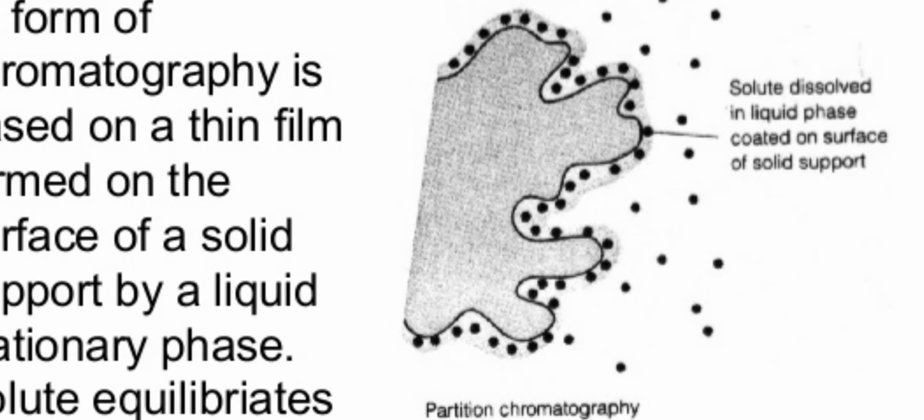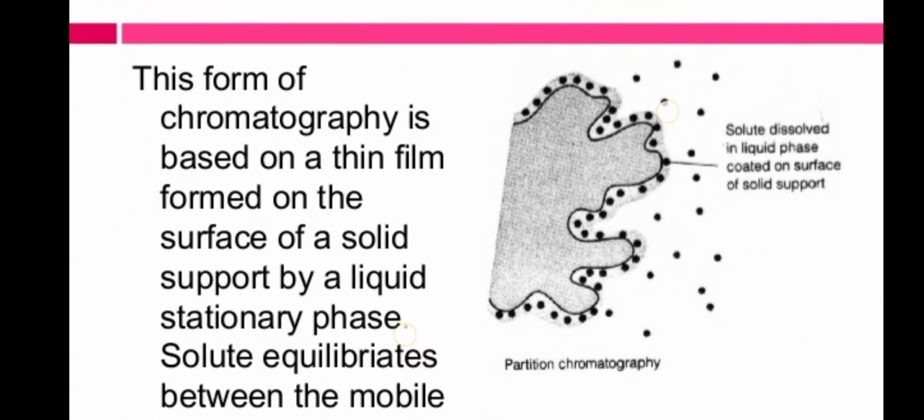So the solute is dissolved in the liquid phase coated on the surface of the solid support. This form of chromatography is based on a thin film formed on the surface of a solid support by a liquid stationary phase. The solute equilibrates between the mobile phase and the stationary phase. That means the sample components are divided between the mobile phase and the stationary liquid.